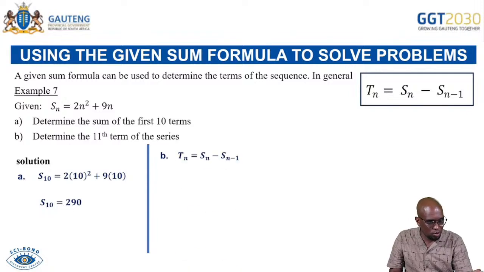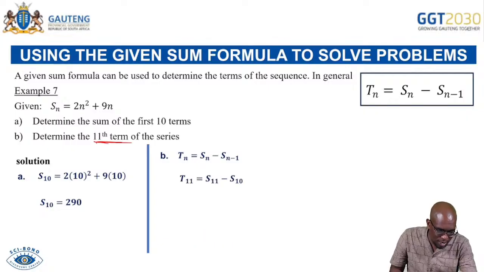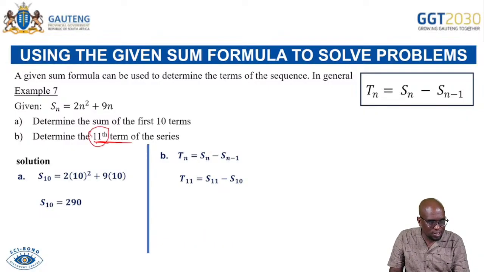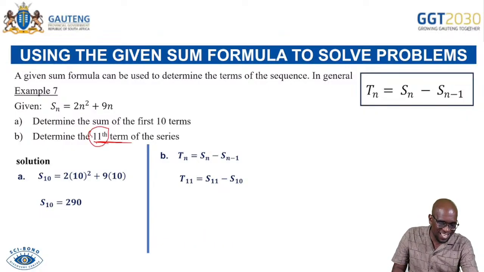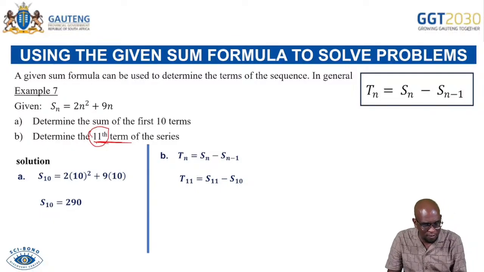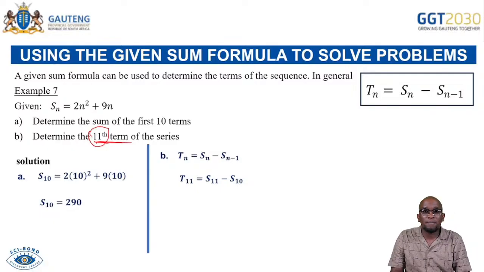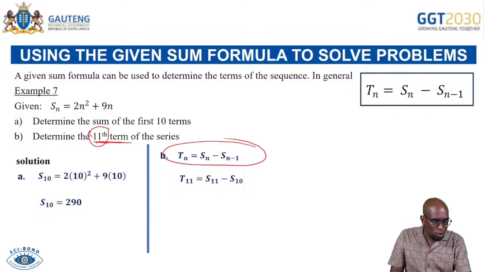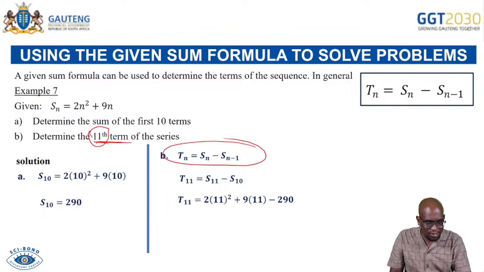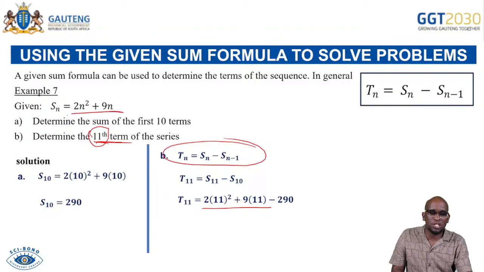Right, let's check the second one. The second one, they want the 11th term. So we will employ Tn is equals to Sn minus Sn minus 1. Since they want us to determine the 11th term, it would be T sub 11, it would be S sub 11 minus S sub 10 according to this formula over here. So we are then going to work out S sub 11 by substituting 11 on the original formula.